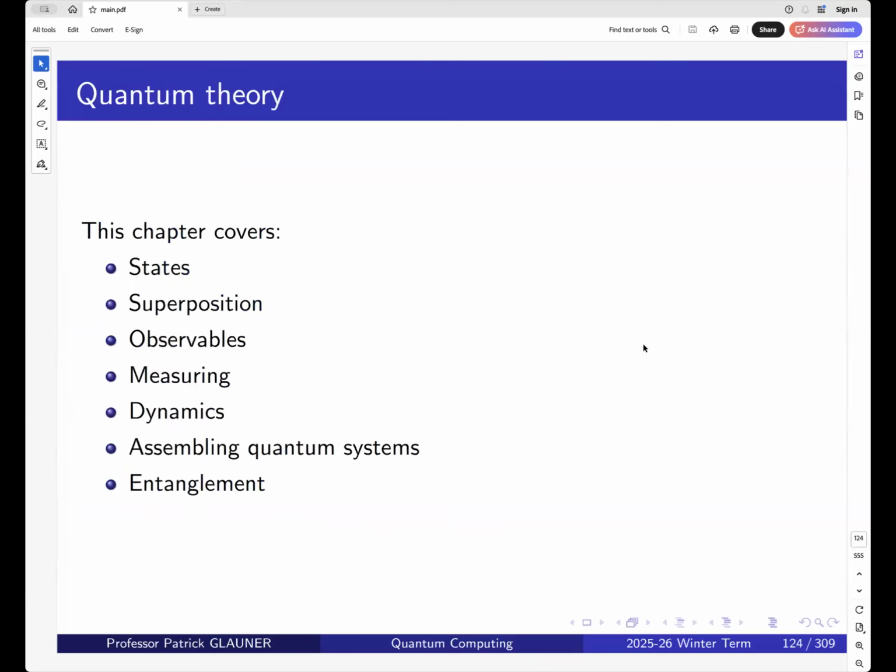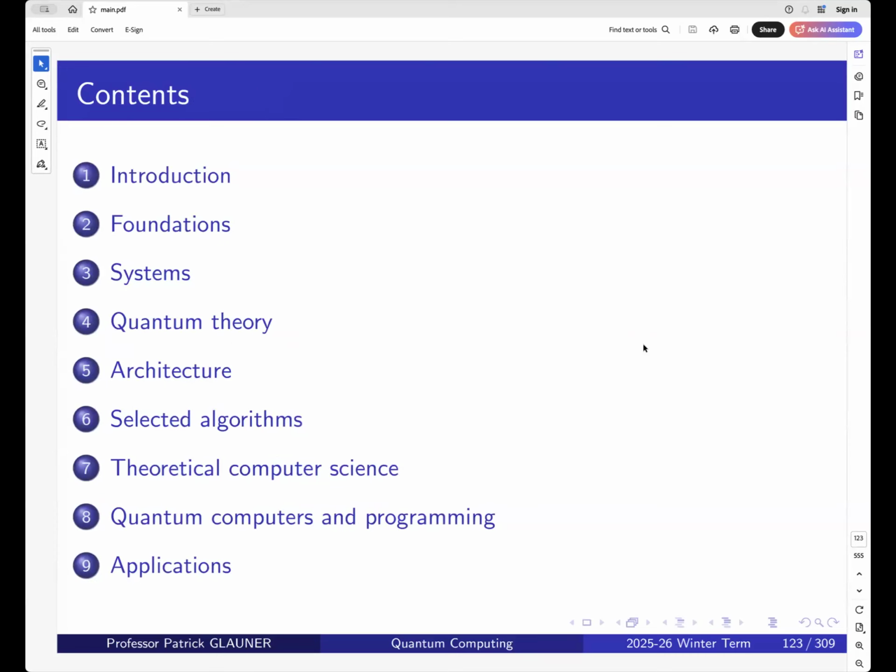So today, step by step, we're moving closer to computing. As of next week, we'll do computing and see how we can actually use all of these tools that we have so far to describe computations. And then later there will be algorithms, concrete quantum computers, and how we program them, as well as some theoretical foundations.